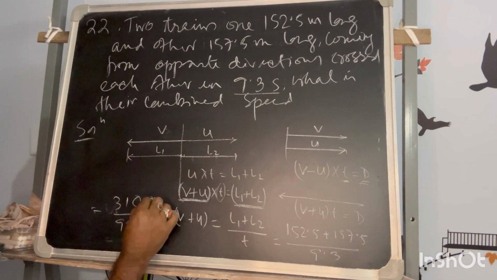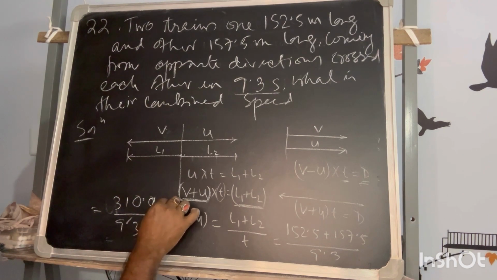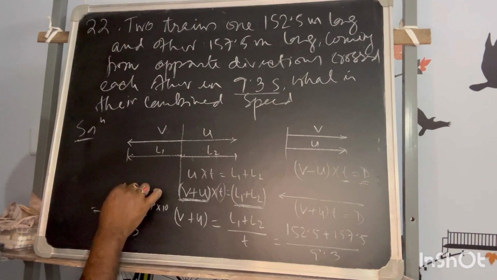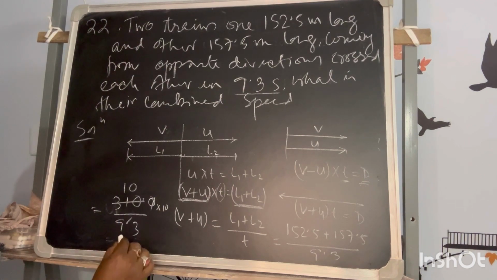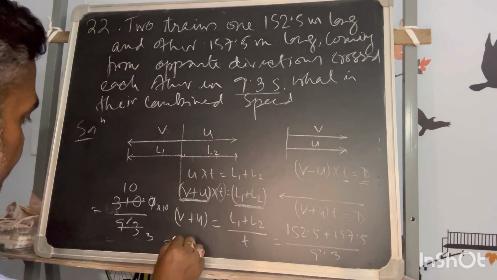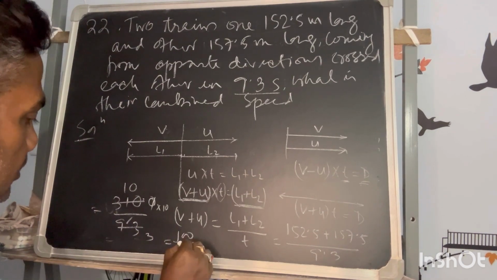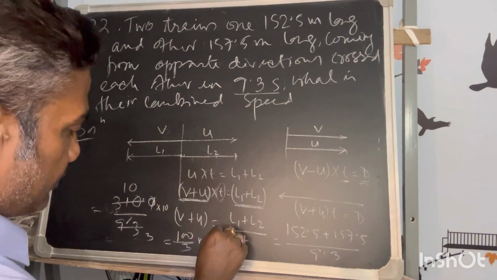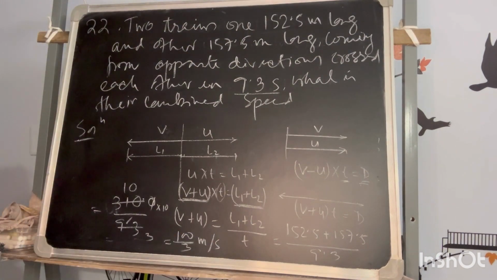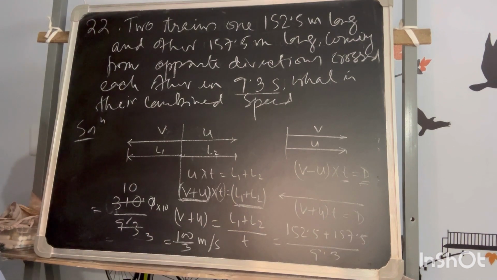If I cancel it, I get 100 upon 3. Now this is in meter per second. This will be the cumulative velocity for this case. Okay, you can convert it to kilometer per hour if needed. Otherwise, this will also be the answer.